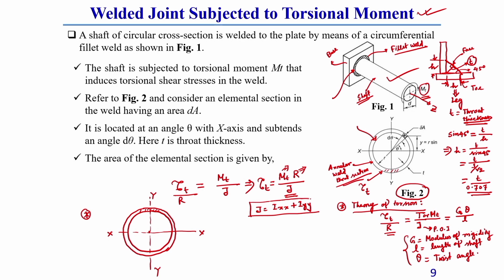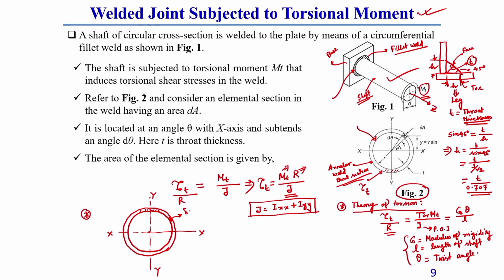So, I am not going into detail to discuss polar moment of inertia J, which I need to first calculate for this annular section. For that I am taking a small element on this plate throat area.